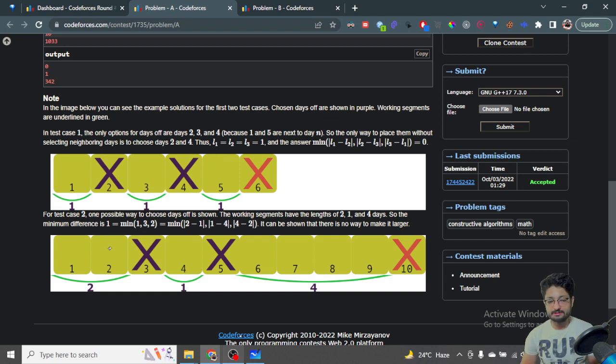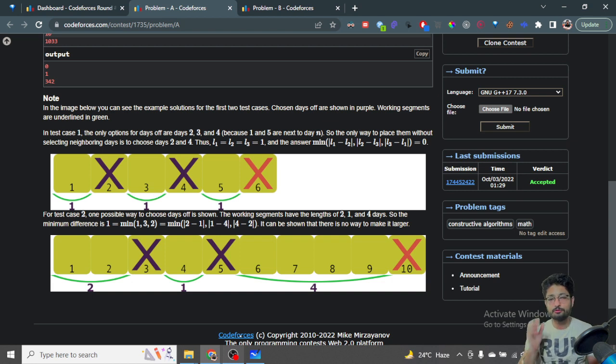So what you can understand is that if I put these two crosses like this, like these two holidays, then the first segment is considered L1. So L1 is the first segment length, which is of length 2. The other segment is of length 1. And the last segment is of length 4. So these are the segments you can observe: 2, 1, 4 are the lengths you can see here.